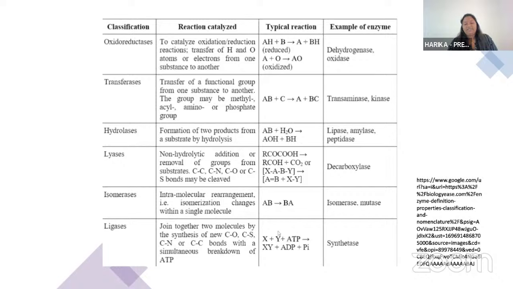Let us see the example. Let us think X and Y are two different molecules. Along with ATP, they form a single molecule with the addition of ADP and Pi. Pi is nothing but inorganic phosphate. An example of this enzyme is synthase.